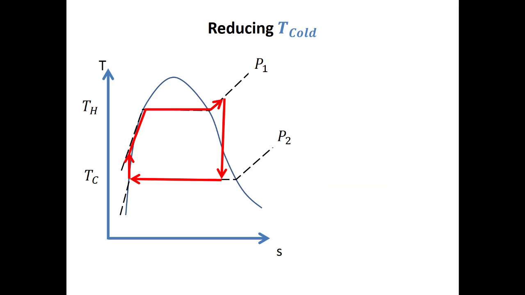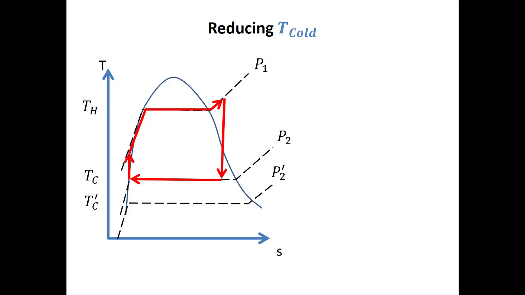Now, remember our Carnot efficiency was 1 minus T cold over T hot. So another way to improve efficiency is to reduce T cold. If we could reduce T cold all the way down to 0, we'd have 1 minus 0 over who cares what T hot is, because 0 divided by anything is 0.